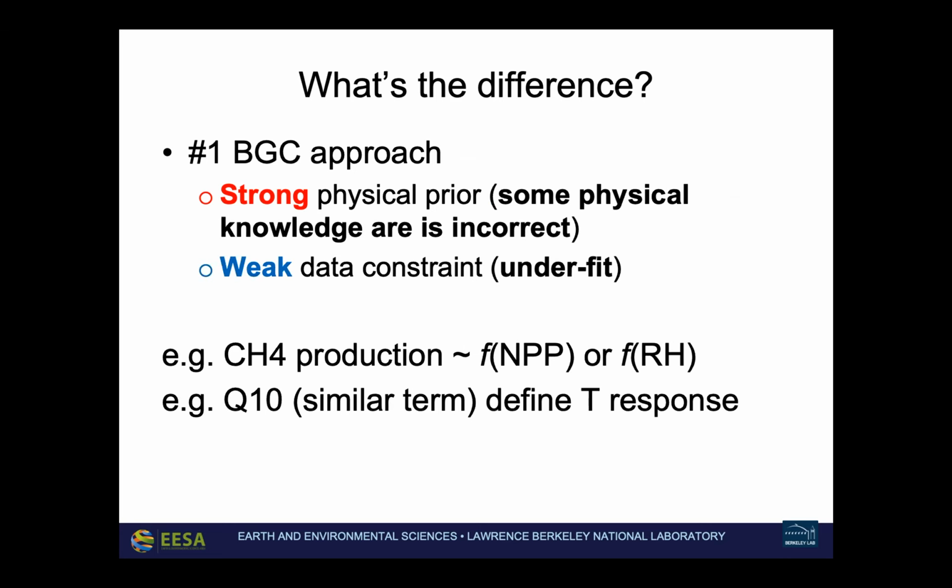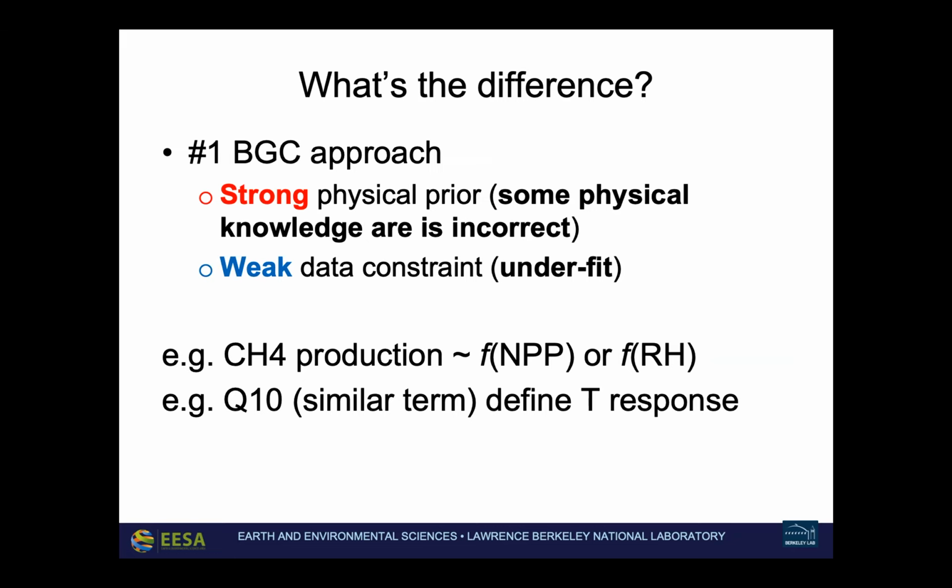For the BGC approach, you have a strong physical prior, but some of it is totally wrong. You have to admit that, because as a BGC model developer, I wrote these BGC equations, and I don't trust them. For example, methane production: how come that relates to NPP and RH? It should be related to the substrate like acetate, CO2 or hydrogen, but you don't have finer processes to code up in the model.